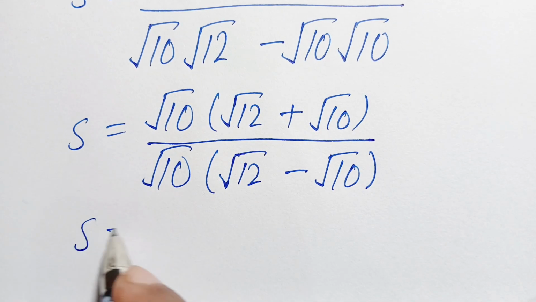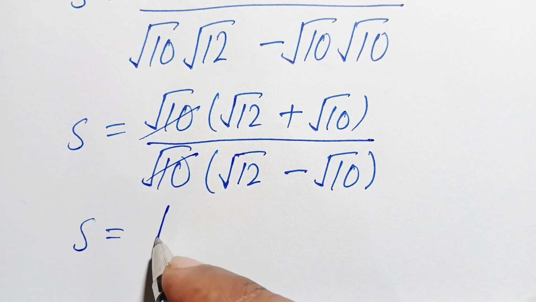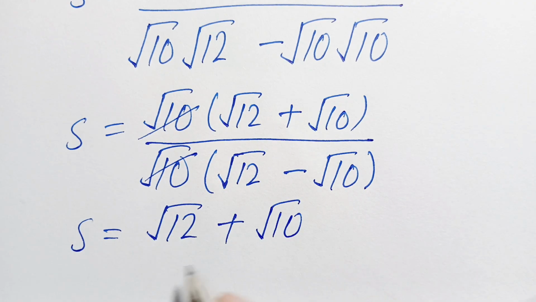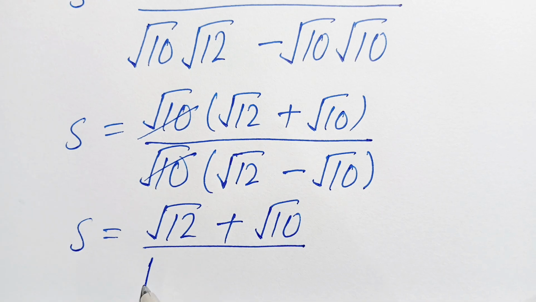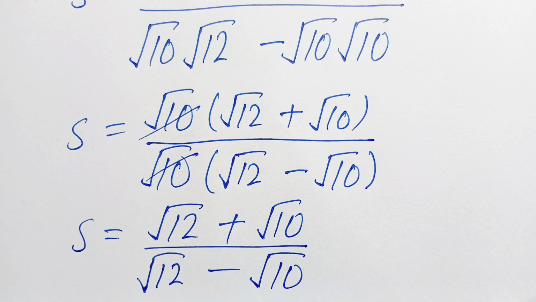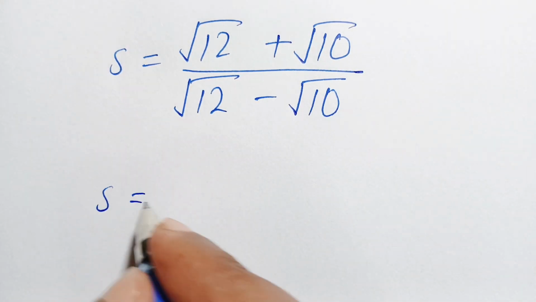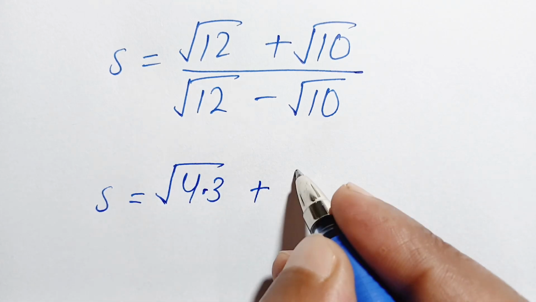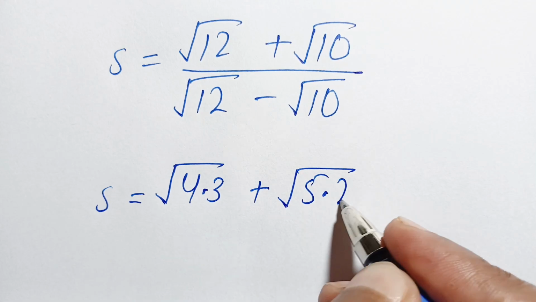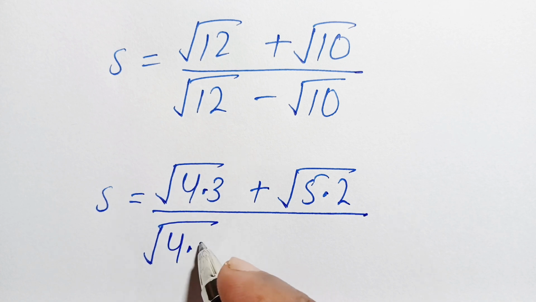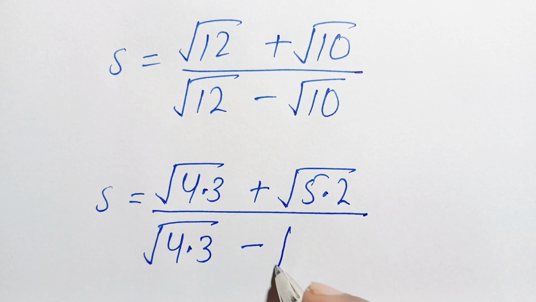Cancelling the like term, S equals (square root 12 plus square root 10) over (square root 12 minus square root 10). Now we can write this as 4 times 3 plus 5 times 2, divided by 4 times 3 minus square root 5 times 2.